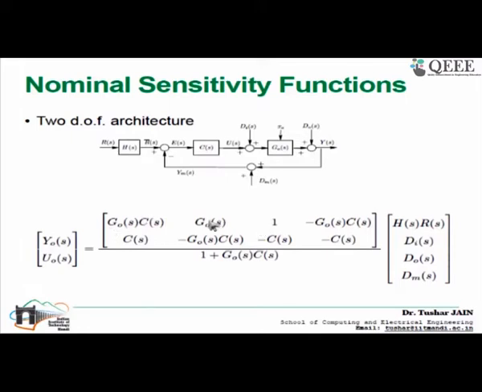This is the matrix form of the two equations we have seen earlier. The important thing to notice here is that the denominator of all these transfer functions is the same, which is given by 1 plus G naught C s.